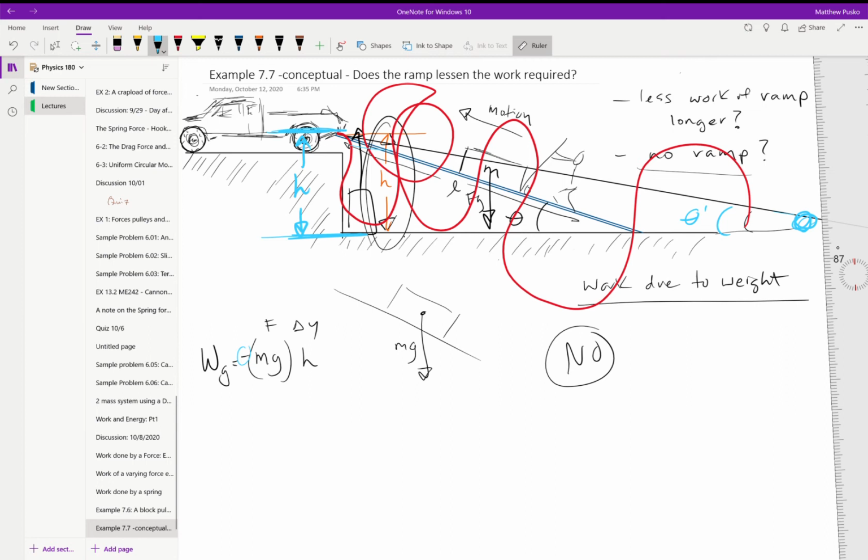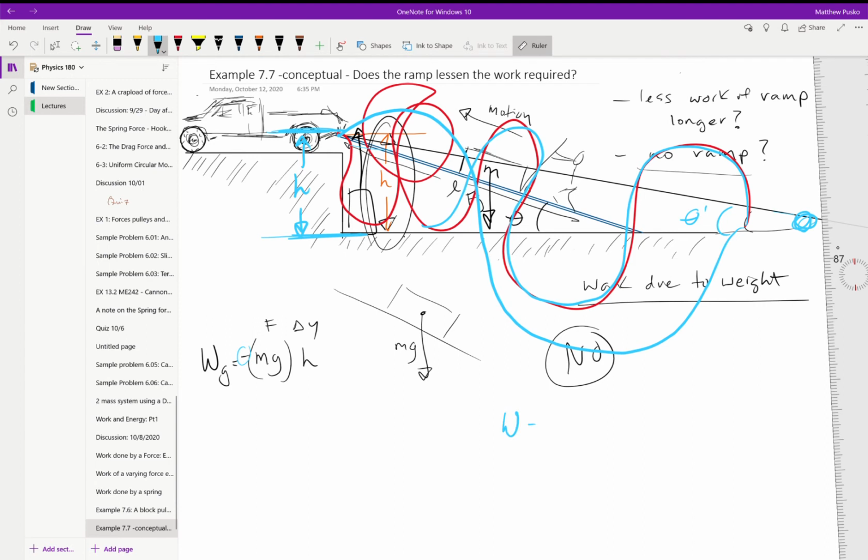But to gain the height h in this case, it's still going to take the same amount of work, and that's independent of the path. That's why I drew this squiggly. We could have gone down first and then brought it up and over like that and still done the same amount of work.